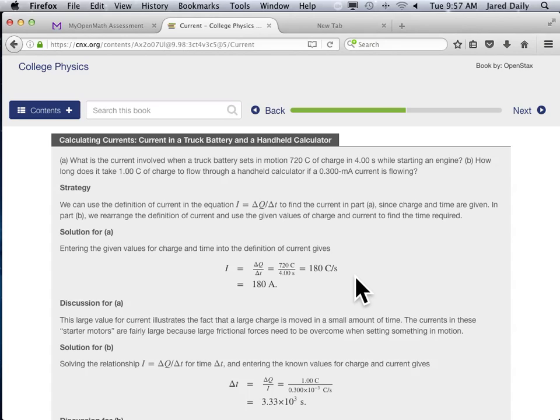But what's the voltage in a car battery? 12 volts, which is not really enough to cause damage to a human being unless your hands are wet or the battery terminals are covered with acid, which can cause your hands to be wet. Okay? Yeah, 12 volts can still spark you if your hands are wet.